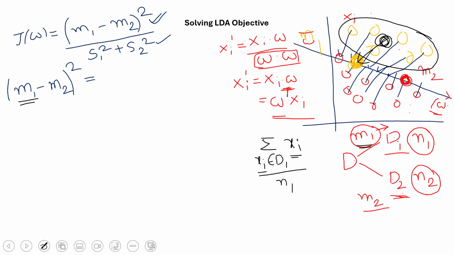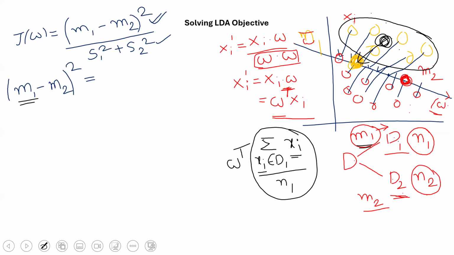So that becomes sigma for every xi that belongs to D1, do the summation, divided by the number of points. So the projection of this mean onto W will be nothing but W transpose, right? So this is the mean of all the points.